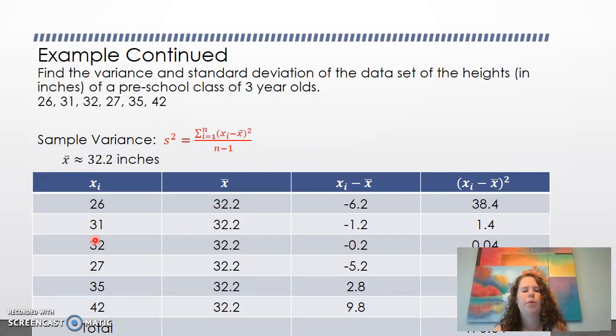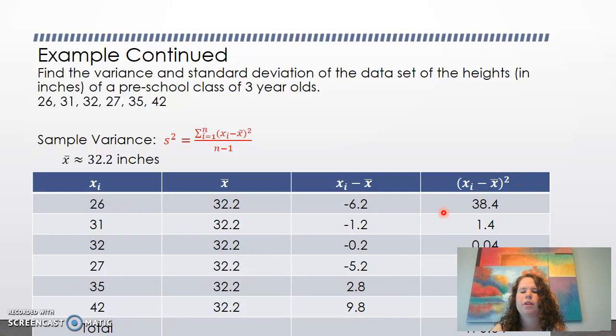We put this in a table. We put each data point, so 26, 31, 32, 27, 35, and 42, and then we put the mean next to each one of those. We subtract the mean from each point, so we get negative 6.2, negative 1.2, and so on and so forth.